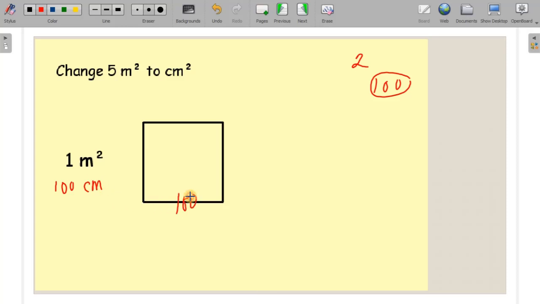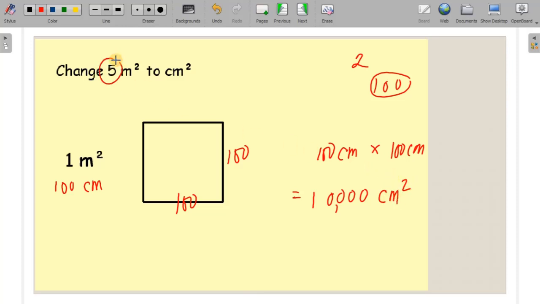If this is 100 and this is 100, then 100 centimeters times 100 centimeters, how many zeros? 4. So that is 10,000 square centimeters, and you have 5 multiplied by 5, so the final answer is 50,000 centimeters squared.